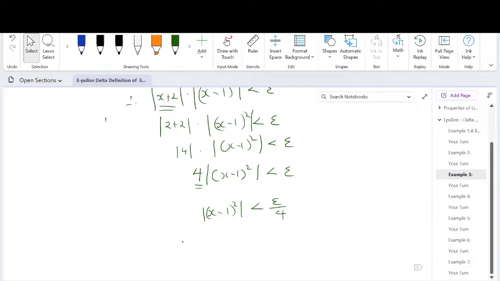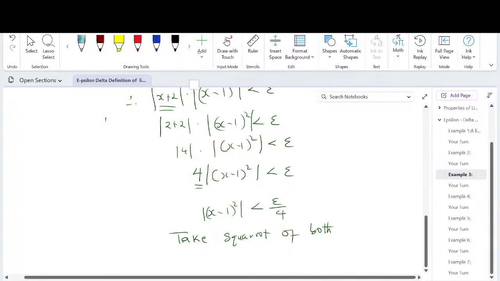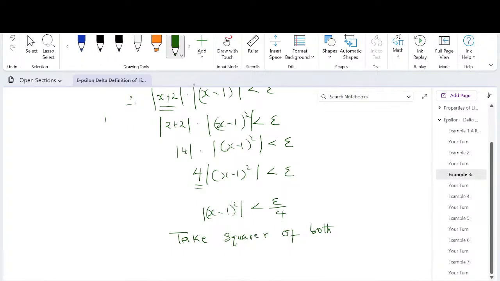There is something you need to do here now. You need to take the square root of both sides because you need to get the absolute value of x minus 1 without the square.